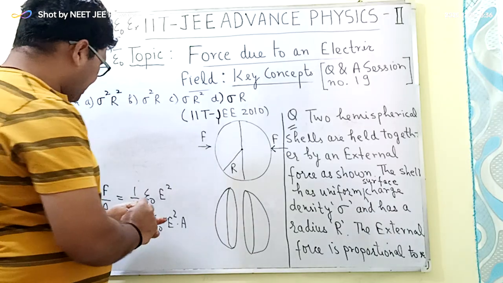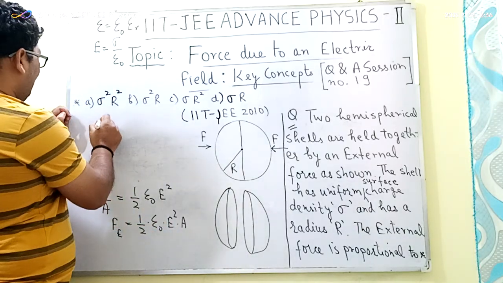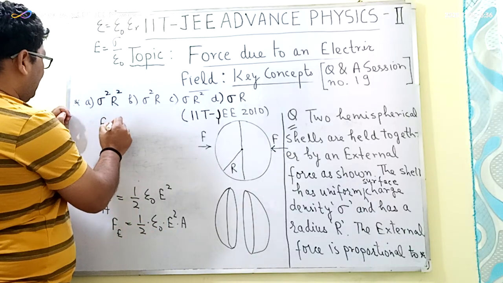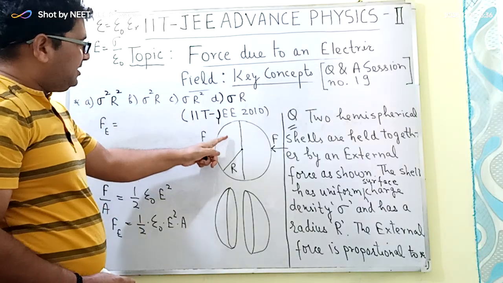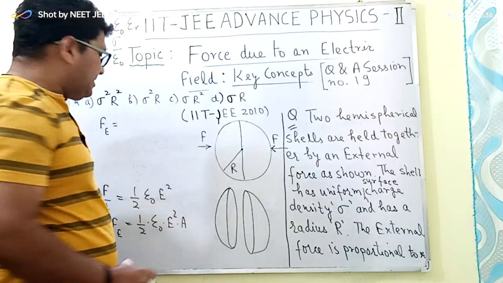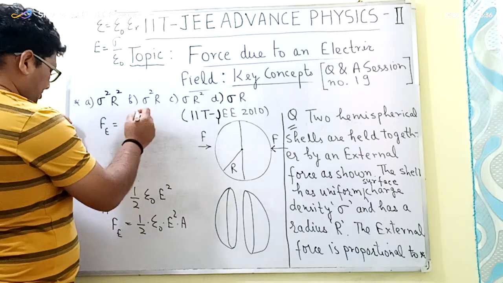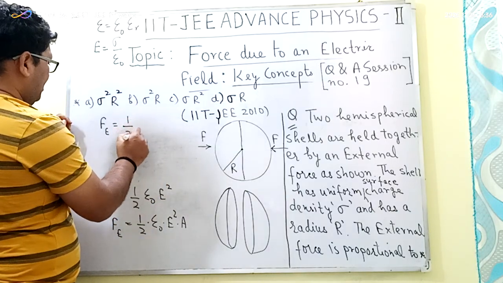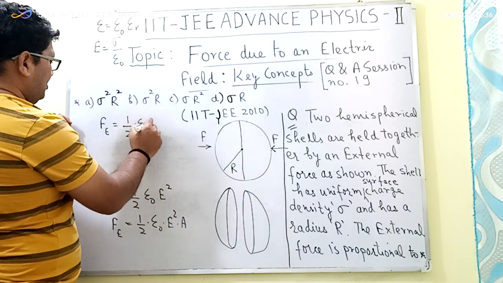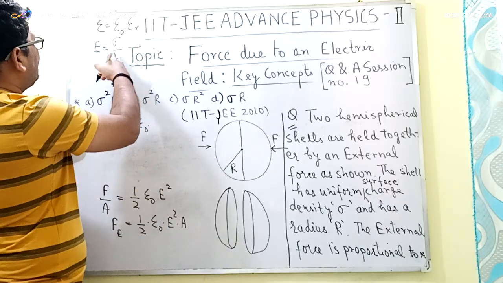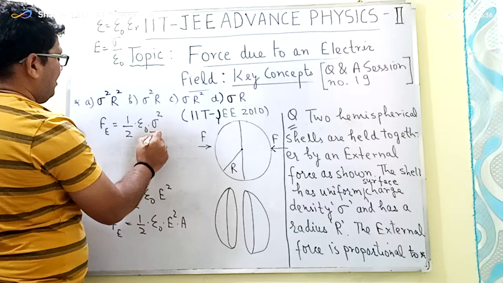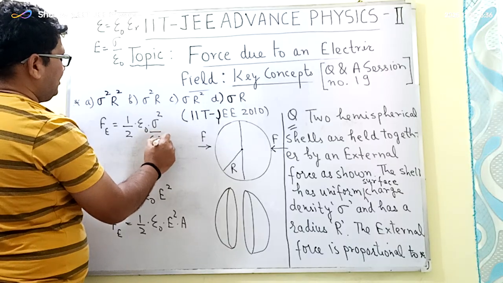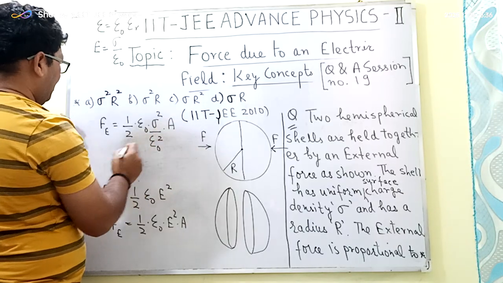So if I substitute this value in this equation, then I will get the value of the electrostatic force on these two hemispherical shells. E is equal to sigma upon epsilon naught. So this will be equal to 1 by 2 into sigma upon epsilon naught whole square into A. Now here A is what?